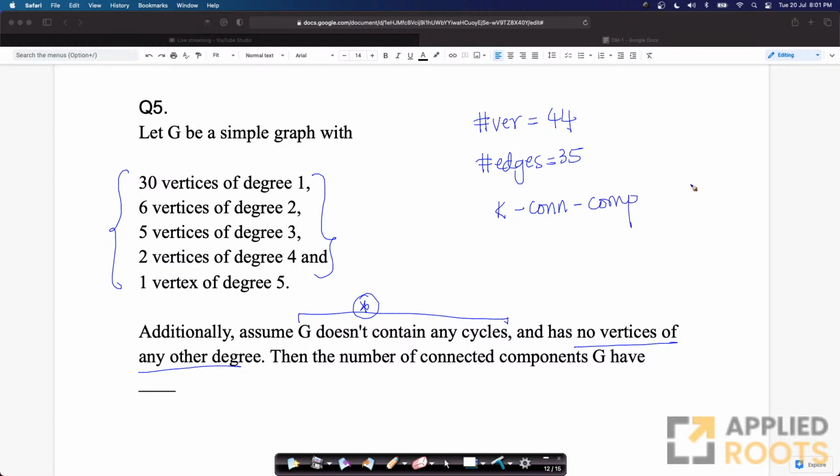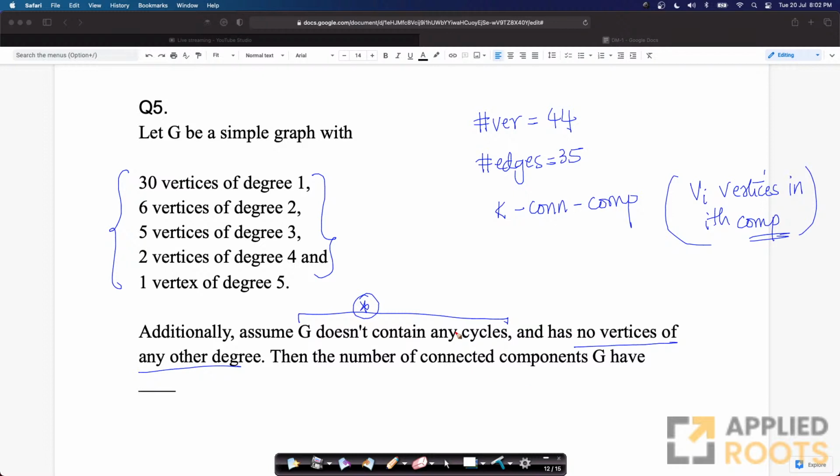And let's assume we have Vi vertices in the ith connected component. Now, there's a very interesting observation that you have to carefully get to. Remember, the graph does not contain any cycles.